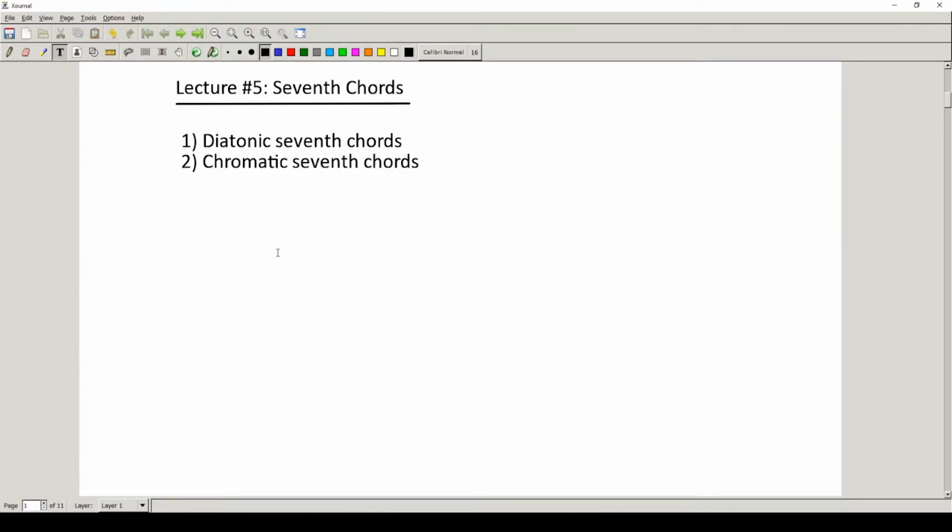So the rule is, look at the root motion. If the root motion is down by a 3rd, 5th, or 7th, the smallest voice leading will be a downshift.